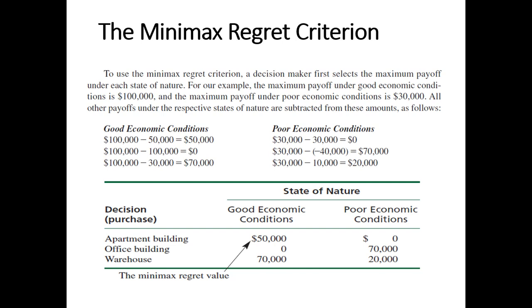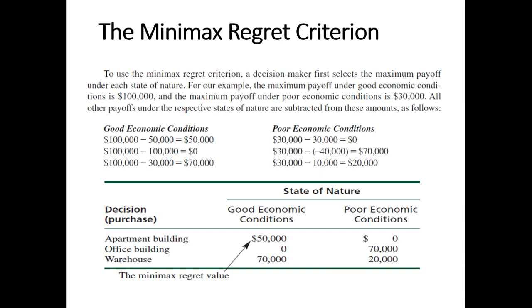We will feel sad that we didn't build the apartment, because if we had built it, we could have got 50,000 more. So this is the sadness, the regret, and that is why when you convert the table into the opportunity cost or the regret, it is called the regret table.